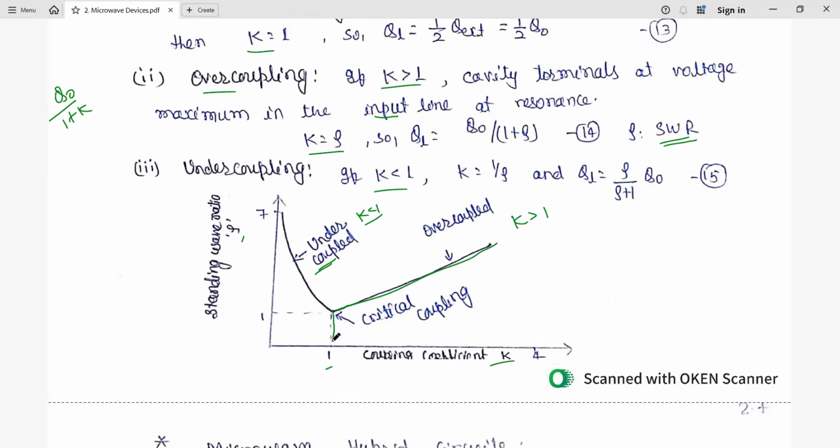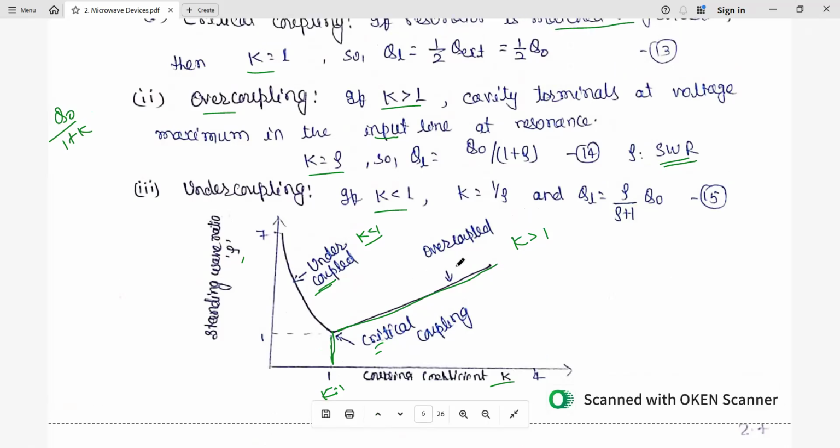And here you see that K is equal to 1, so this point is the critical coupling. For the different couplings, we have different values of the loaded quality factor, so that expression is important. This is one of the important topics of microwave. Later we'll see another topic.